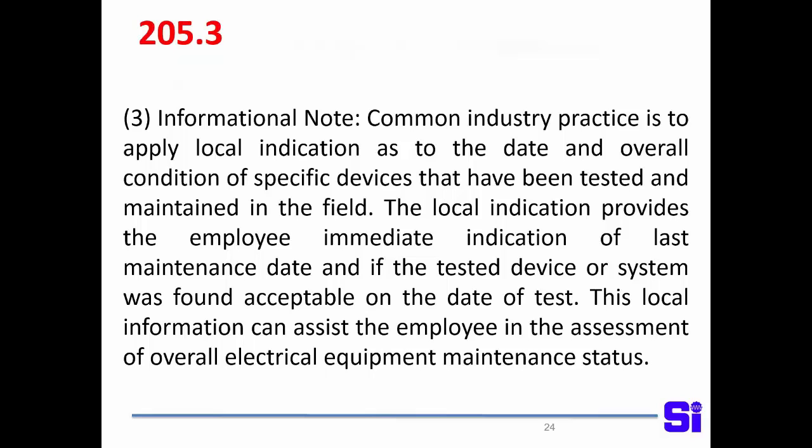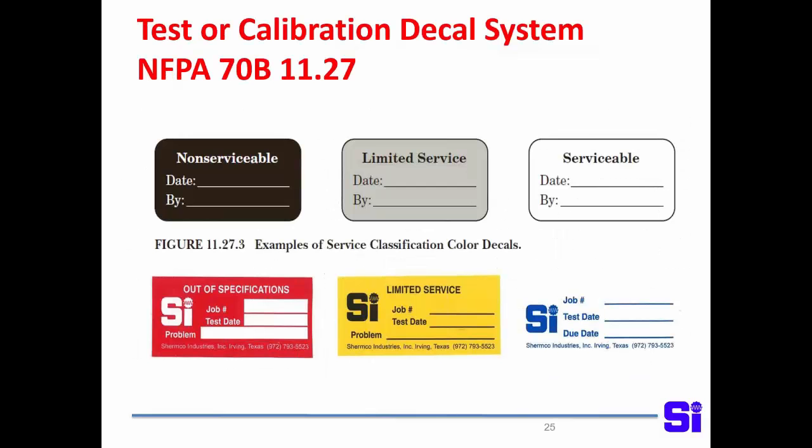And what we're really referring to is in the NFPA 70B, recommended practice for electrical equipment maintenance, we have section 11.27, and it has these three labels. Because the 70B is a black and white document, but if you read the verbiage in there, it talks about a red label, a yellow label, and a white label.